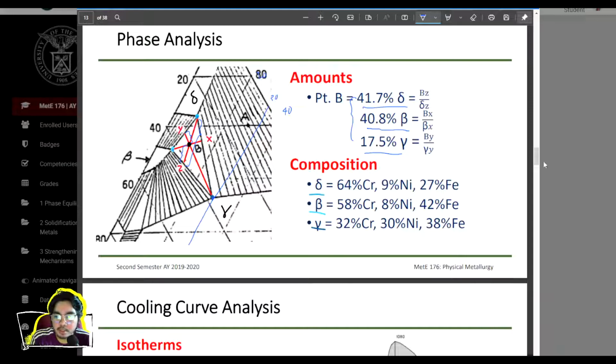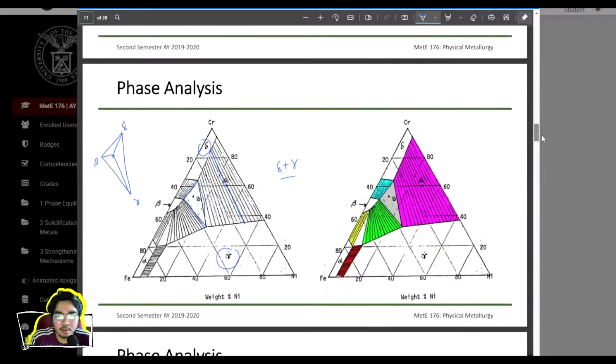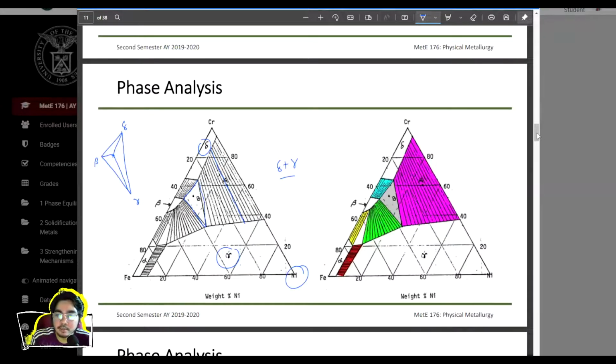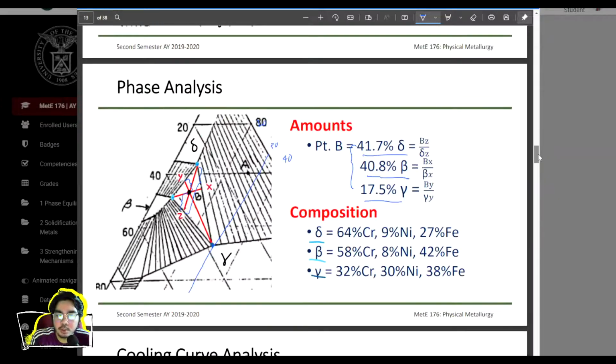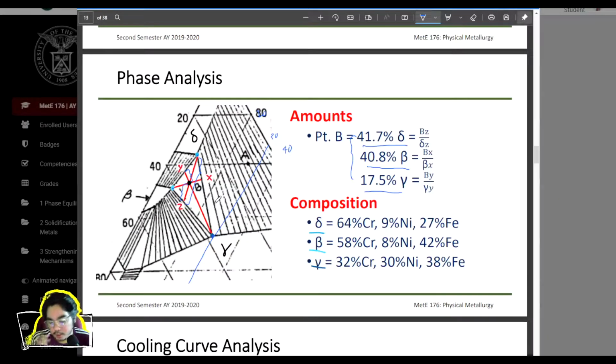So 30% nickel, and is it nickel here? Yes, it is nickel. So whatever the composition of the vertex is, that is the composition of gamma itself.